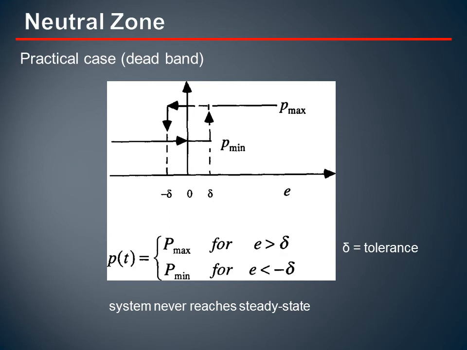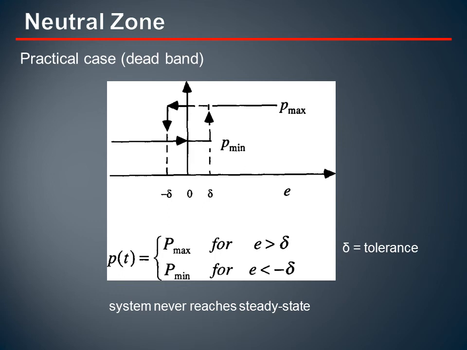Here the practical case of the on-off controller, that is the two-position controller, is shown. In this on-off controller, the graph is plotted between the controlled output on the y-axis and error signal on the x-axis. In practical implementation of the two-position controller, there is an overlap.